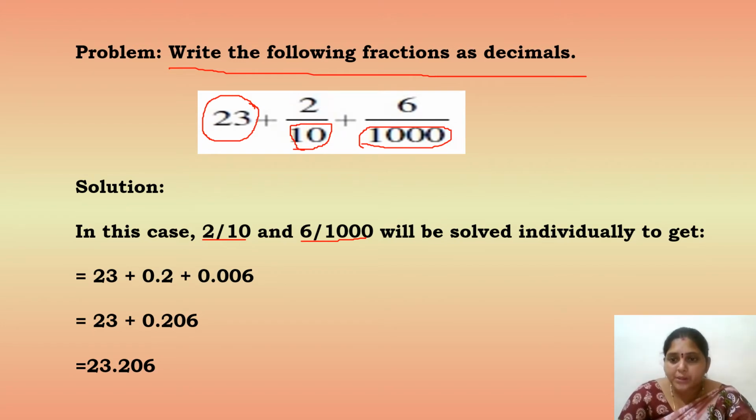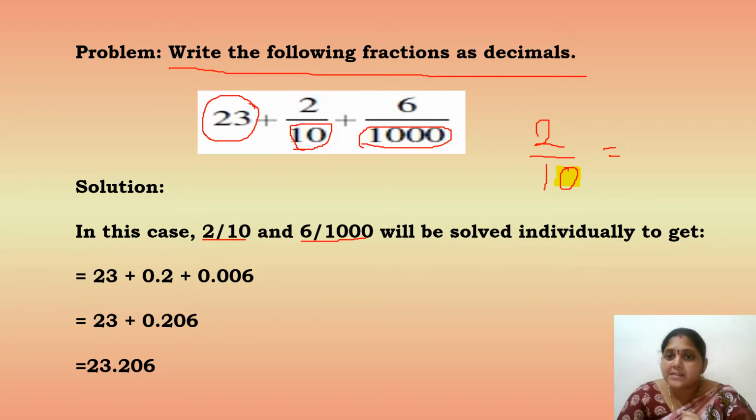As I told you before, you have to convert them into decimal form. 2 by 10. Now observe the zeros in the denominator. How many zeros are there? Only one 0. So we will have one digit after the decimal point.